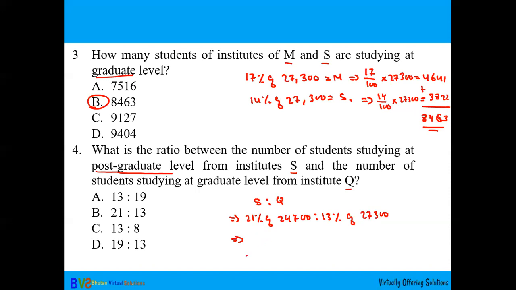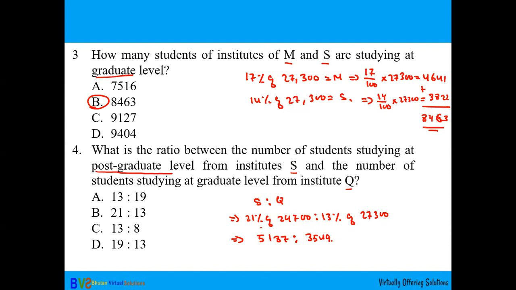So you calculate this: 0.21 times 24,700, you will get 5187, and the other is 0.13 times 27,300, and you are getting 3549. It is like this, right?